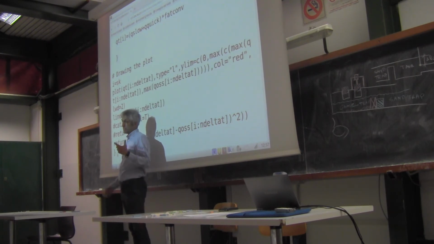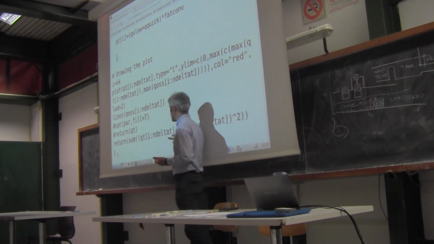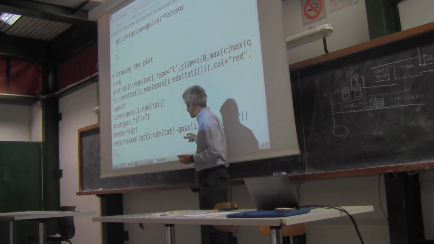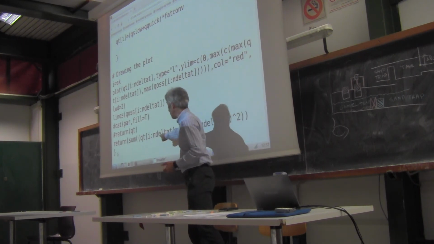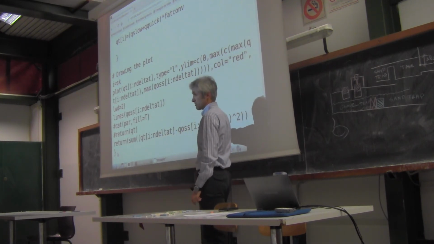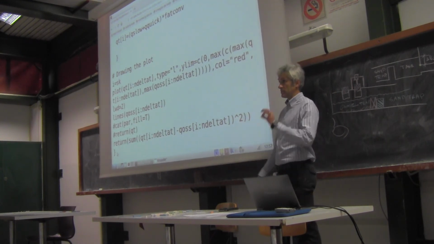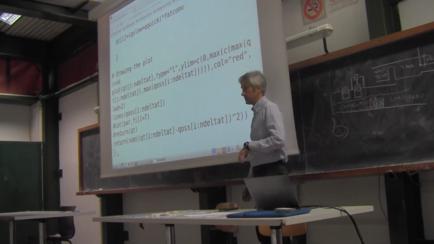But there is a second option here, which is uncommented now. The second option is to give back the sum of squares. Look at here: sum of the difference between Qt, simulated flow, minus Qos, observed flow, squared. This is the sum of squares.